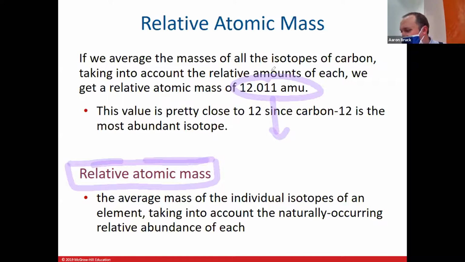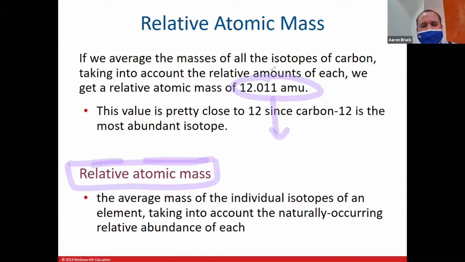If I want to take the average mass of building blocks in a child's play set, I take the mass of one block and then the mass of another and another and another, add them all together and divide by the total number of blocks. That's called a simple average. Another word for that is an arithmetic mean. We're not doing that in this case.